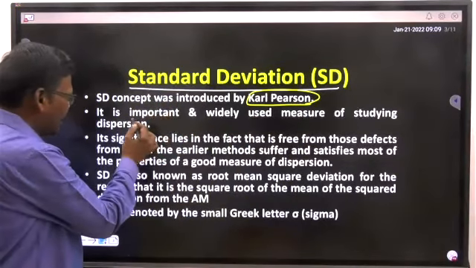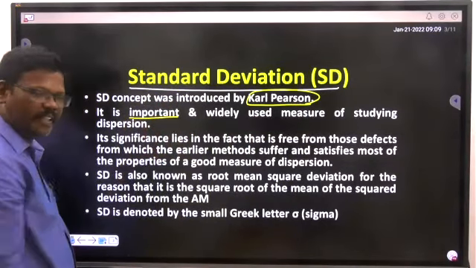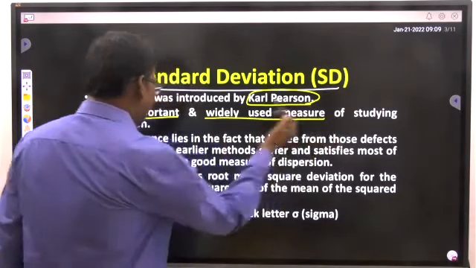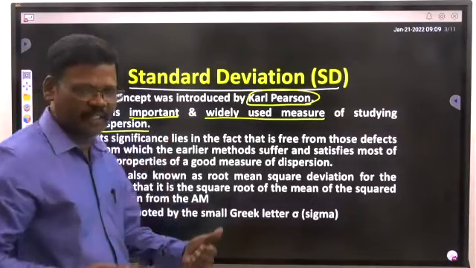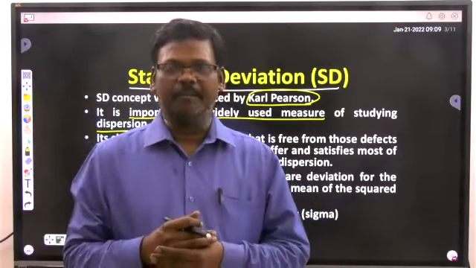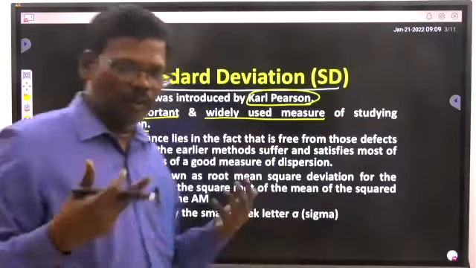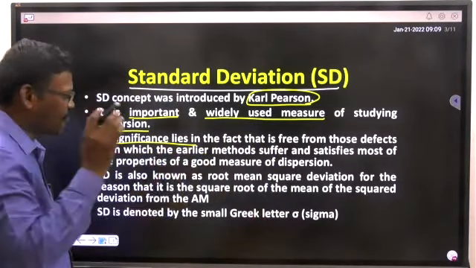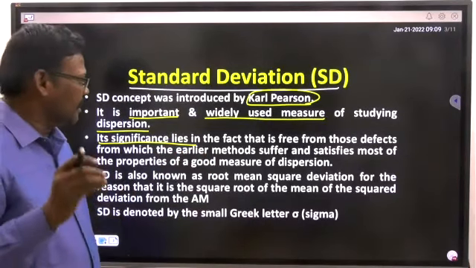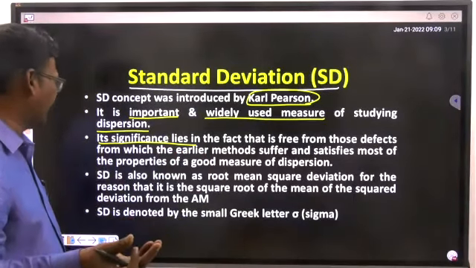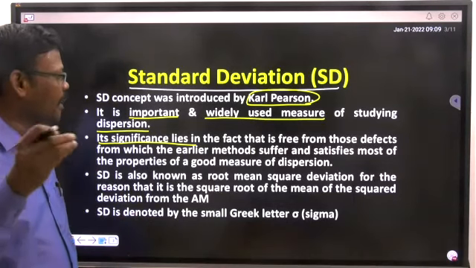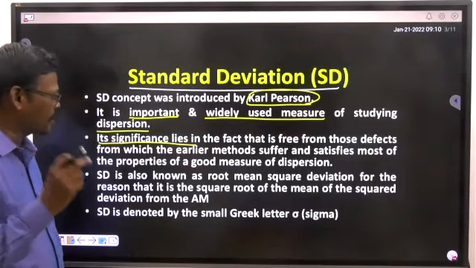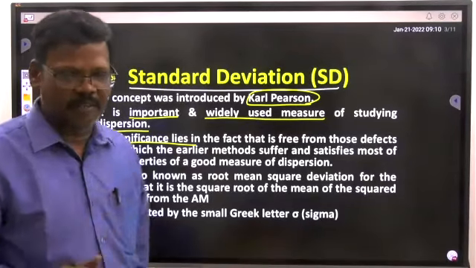This standard deviation is a very important aspect, and it is widely used to measure dispersion, that is variation. Its significance lies in the fact that it is free from those defects from which the earlier methods suffer, and it satisfies most of the properties of a good measure of dispersion.